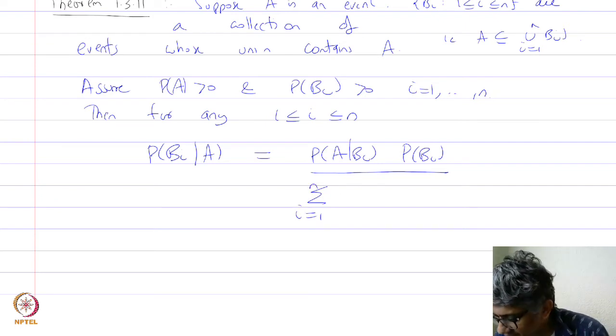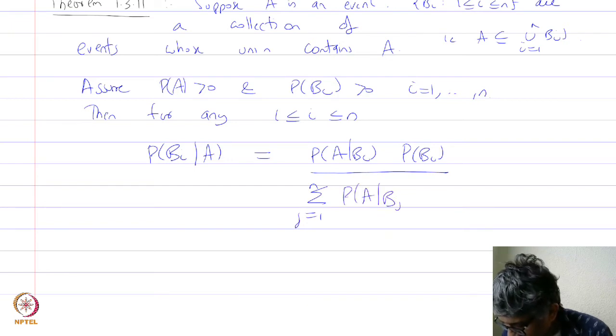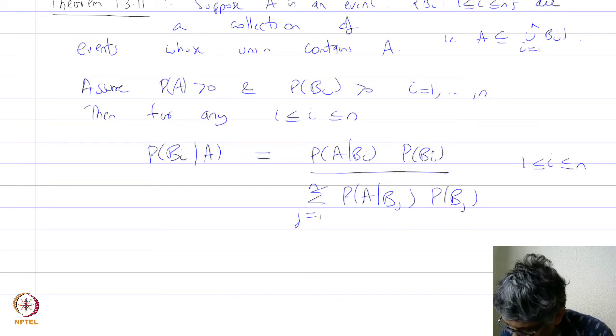Let me put the j so that the index is clear. This is true for all i between 1 and n. So if you know the probability of A given Bi and of Bi, you can get the probability of Bi given A.